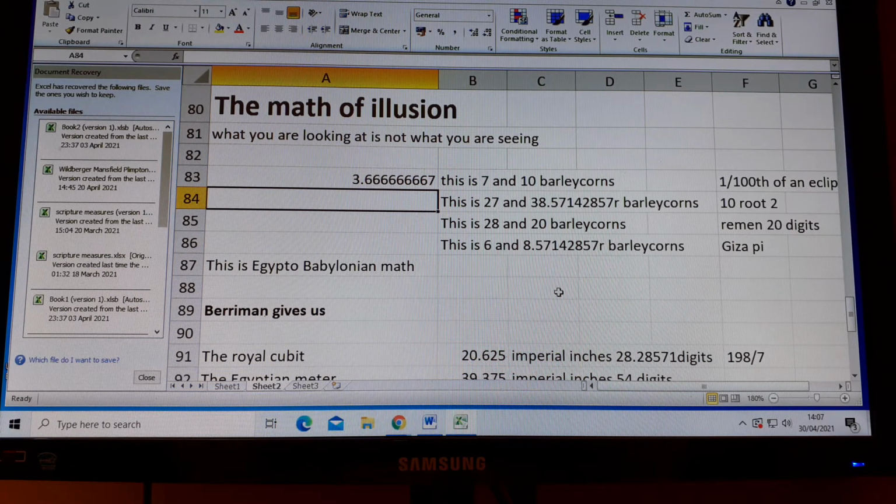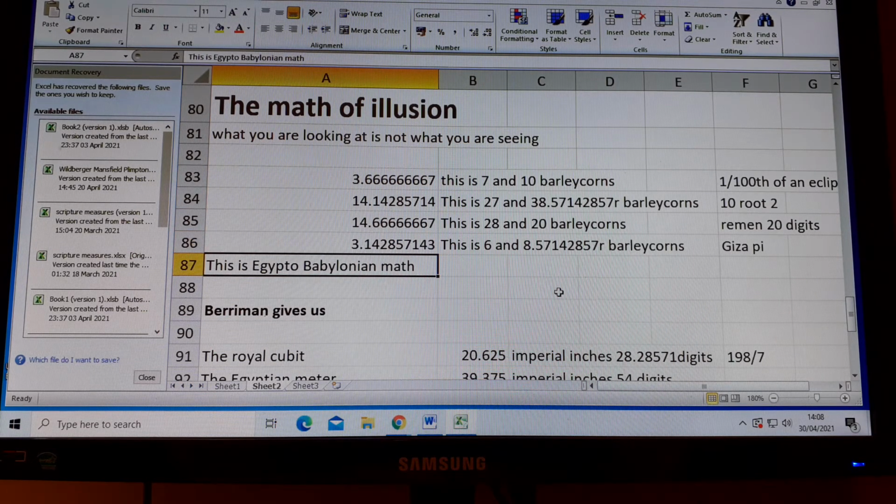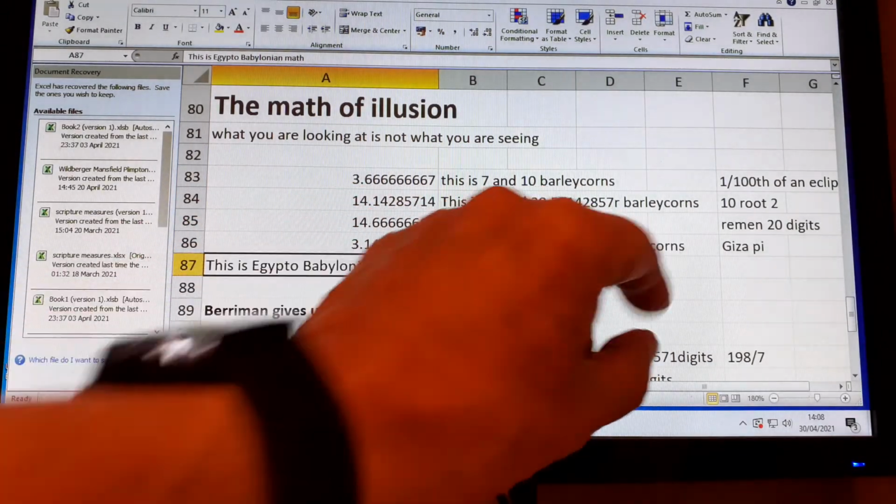And this number now that I'm going to put in represents 27. That represents 28. That represents 6. That's 22 over 7.